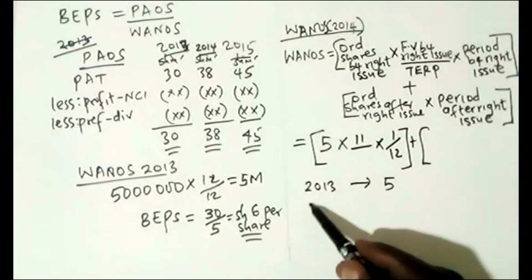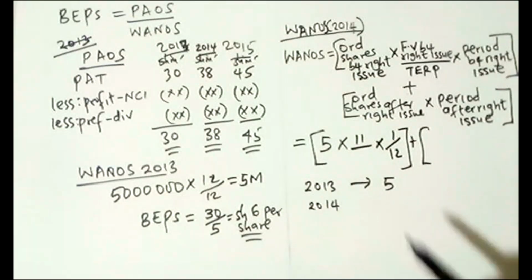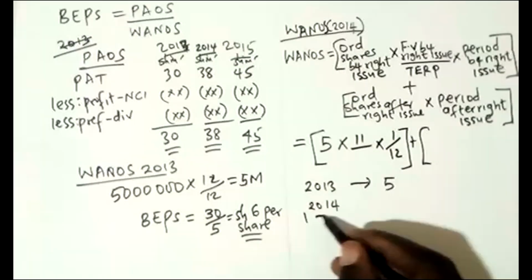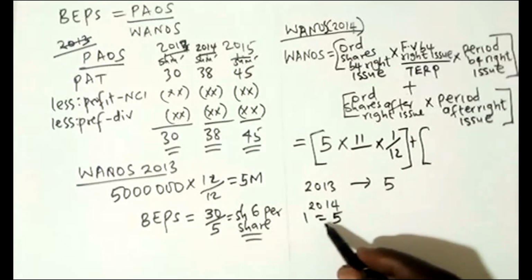Then coming to 2014, in February, they made a rights issue. In which proportion was the rights issue taking place? The rights issue was in the proportion of 1 new share for each 5 shares outstanding. How many shares were outstanding so far? The 5.